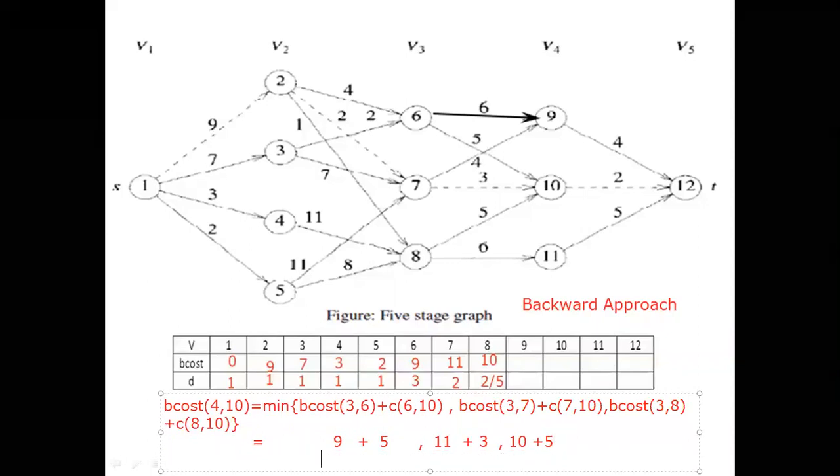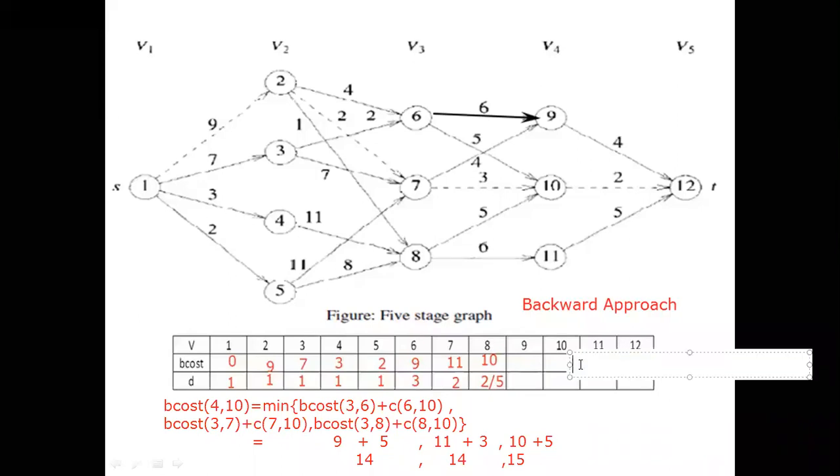Now simple, we have to add: 9 plus 5 is 14, comma, 11 plus 3, again 14, 10 plus 5 is 15. The smallest is 14, which is coming 2 times. That means we have to write 2 vertices here, not just one, in the case of 10, because we found it for 10. The value to write is 14.